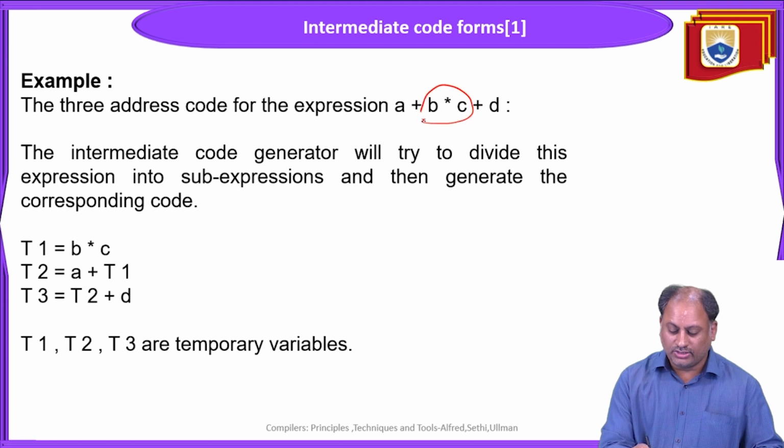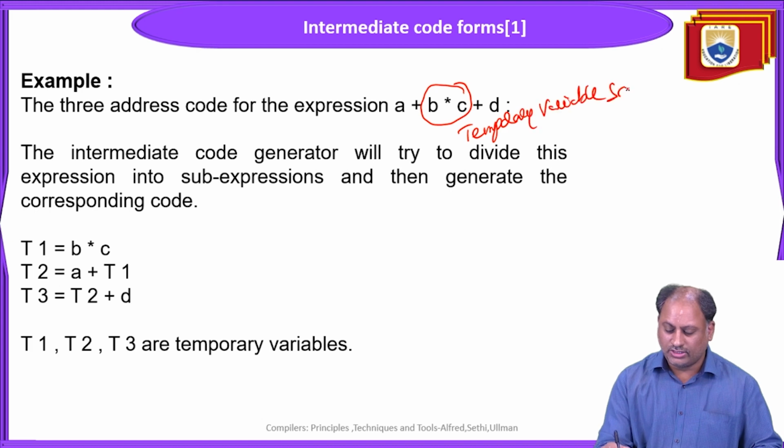For example, if you take B star C, this is to be computed initially with a temporary variable, say T1.